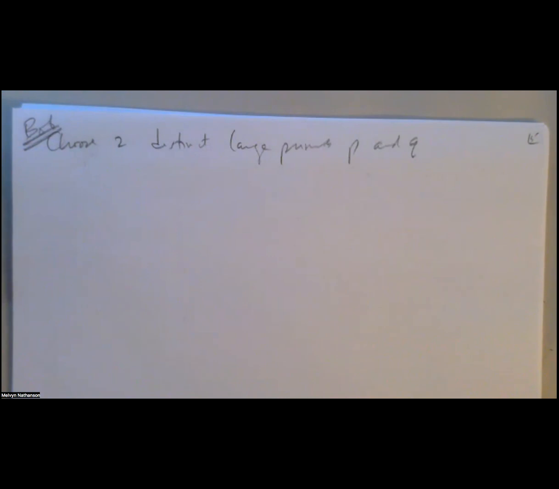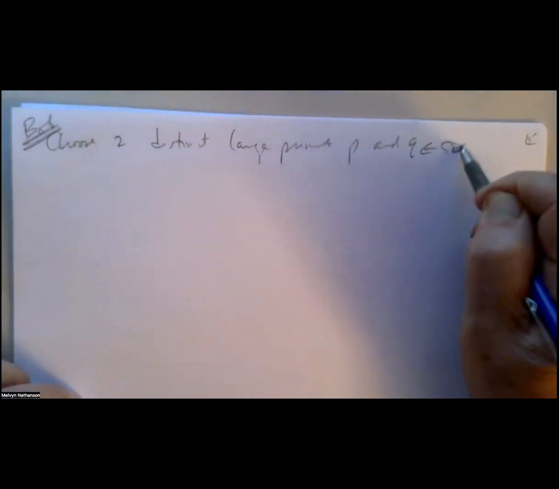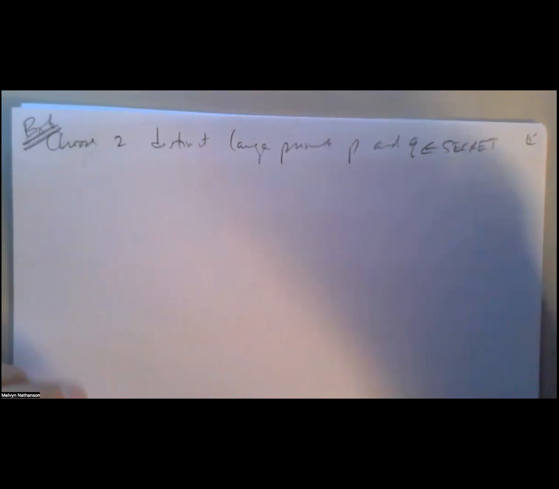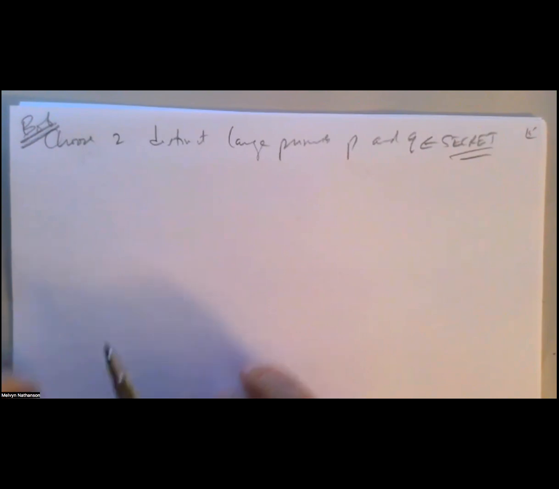Bob is creating this public key crypto system. So Bob chooses 2 large primes, P and Q, and these are secret. That is, Bob chooses them, but he doesn't tell anyone.